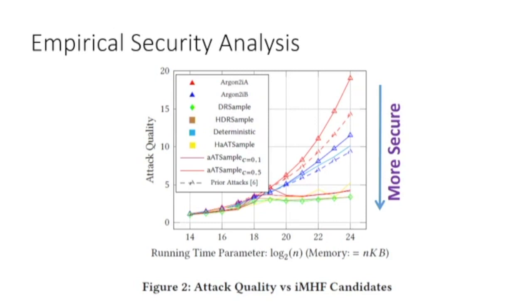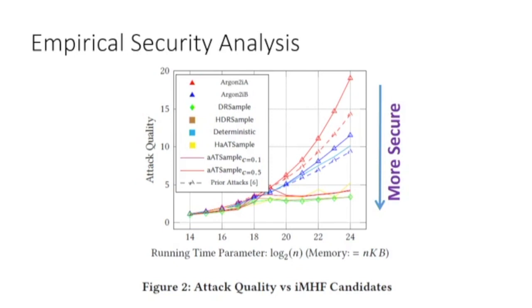So you're looking at a data-independent memory hard function that fills a gigabyte of memory and takes roughly 1 second to finish. In this case, you can see that we're getting attacks of quality 8 or higher against Argon2i.